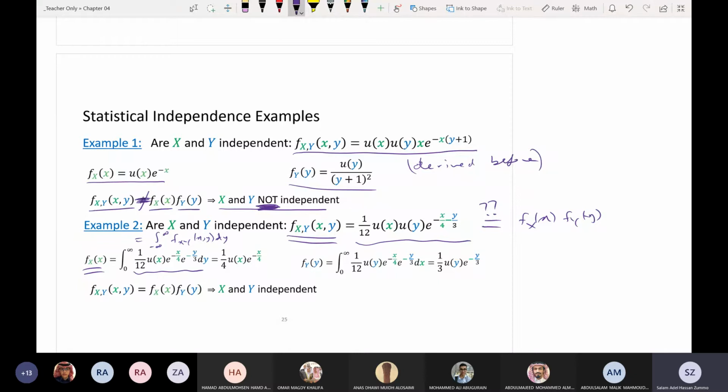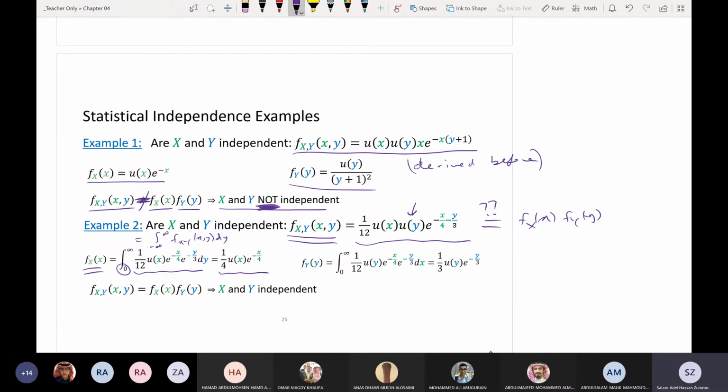Integrating from minus infinity to infinity, y starts from 0 because it's u of y. And if we integrate, we end up with 1/4 u of x e to minus x over 4.